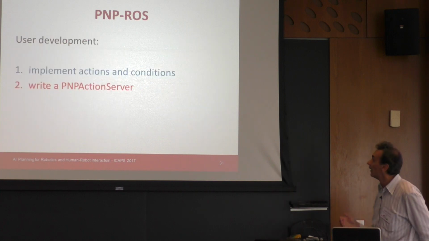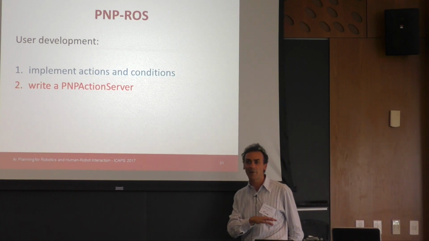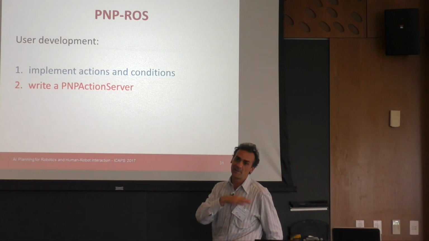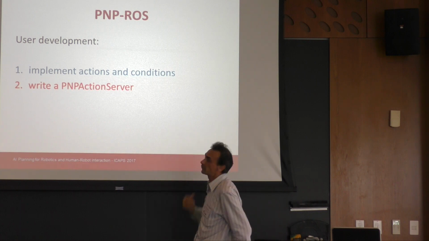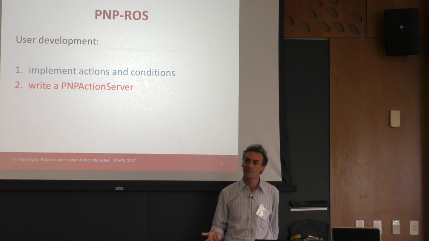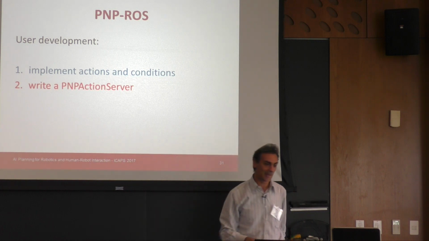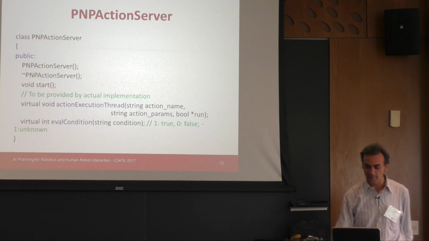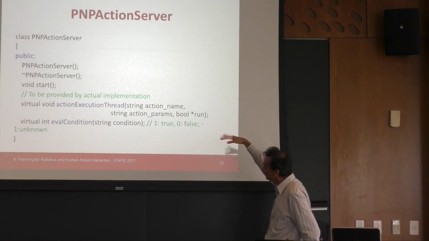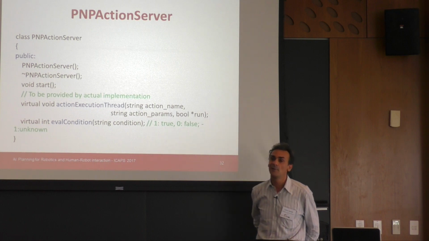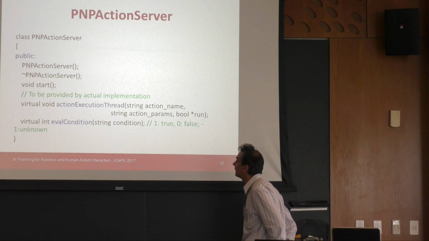So what do you need to use PNP ROS? Well, you need a plan, or you need a planning domain and a planning system that generates a plan. And then you have to implement the actions on your robot and the conditions, of course. And you have to write this PNP action server. Just to give you an idea, the PNP action server is this class that you find implemented in the ROS PNP library.